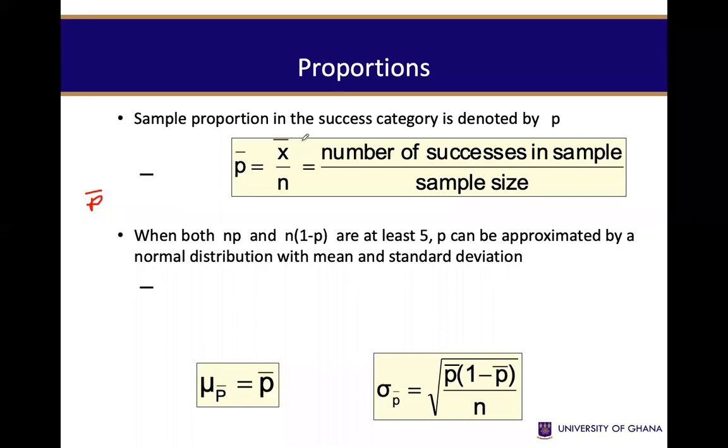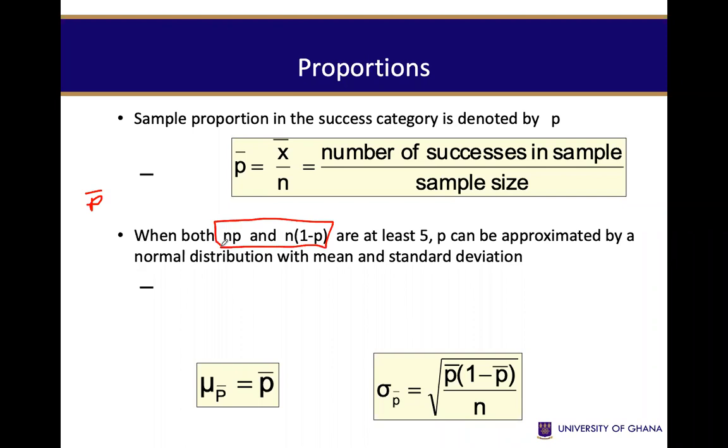So we know that the sample proportion is just identified by the number of successes in the sample, as in the people with the required attributes in the sample, divided by the sample size, right? And we need to know that np and n(1 minus p) should be at least 5.